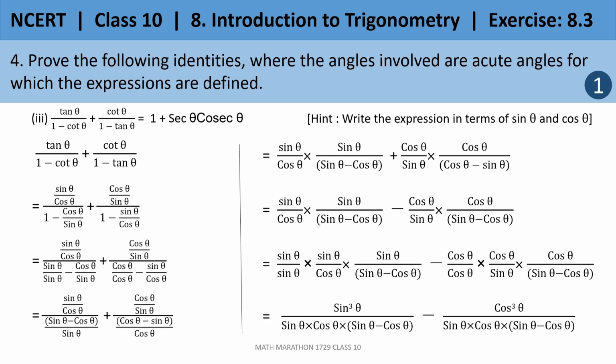Is equal to sin cube theta by sin theta multiplied by cos theta multiplied by (sin theta minus cos theta) minus cos cube theta by sin theta multiplied by cos theta multiplied by (sin theta minus cos theta). We can move to next page.